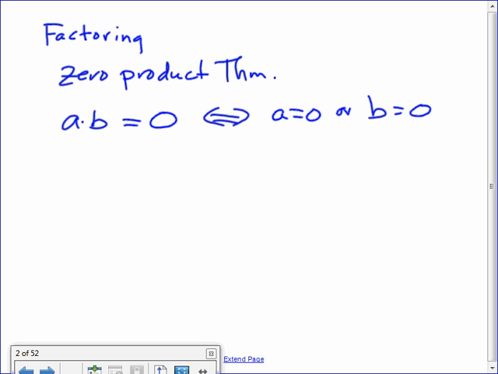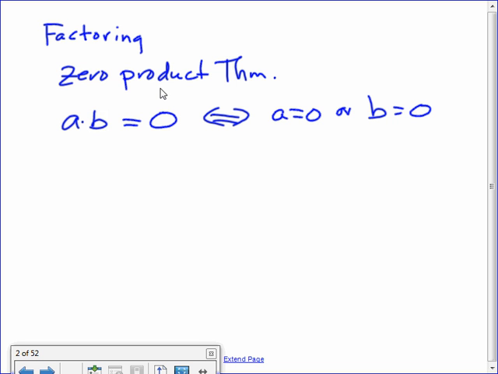So when we're solving polynomial equations, if we have a polynomial set equal to 0, and we can factor the polynomial, we can set each factor equal to 0 and solve each of those equations, and that will give us the solutions to the polynomial equation.